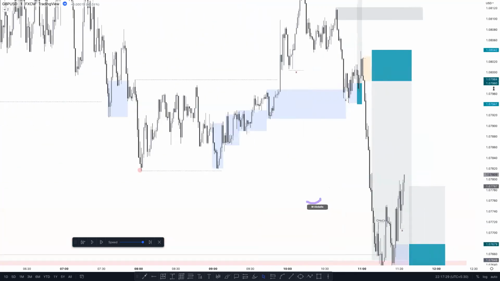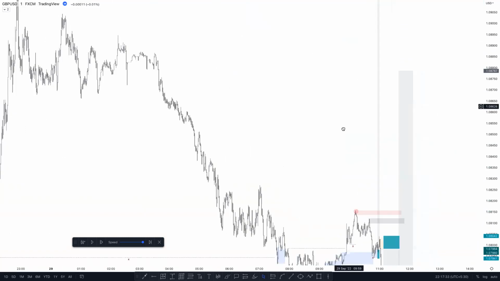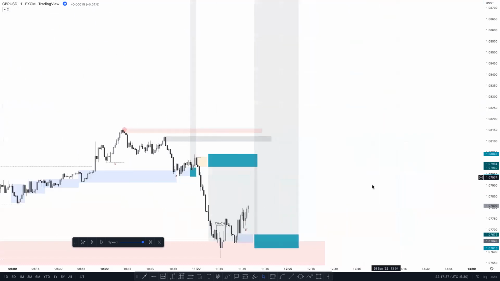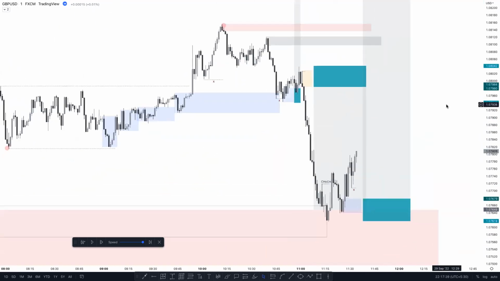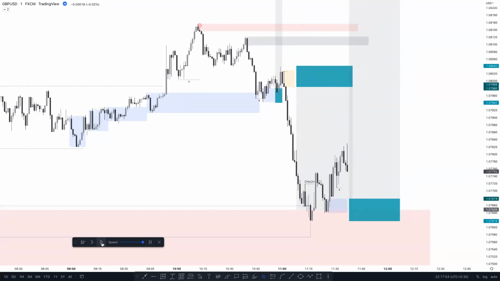And the target will be the measured high, which is here, right? And second thing is, when can we move our stop loss to the break even point? After the break of the first structure. So let's see what happened next.